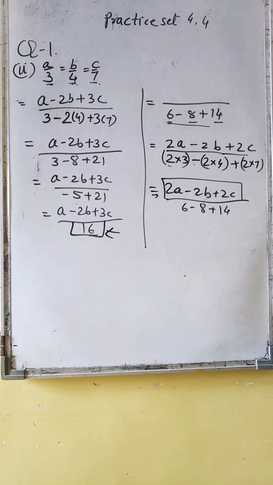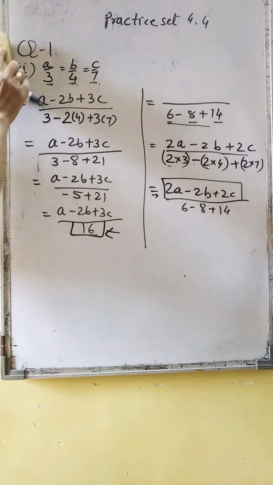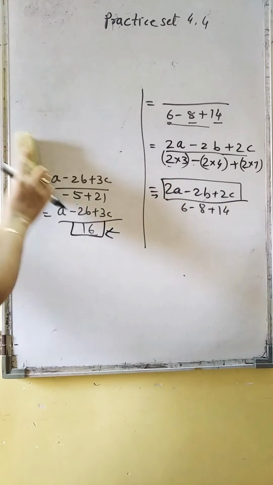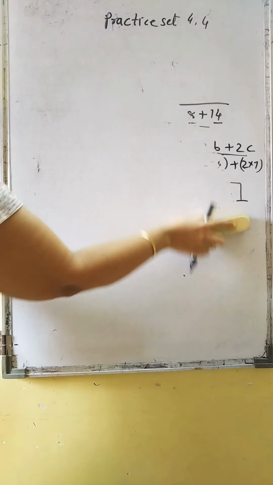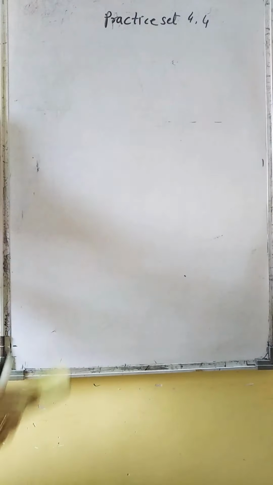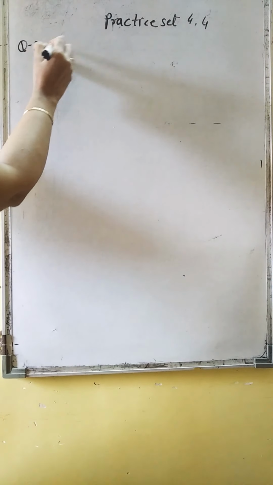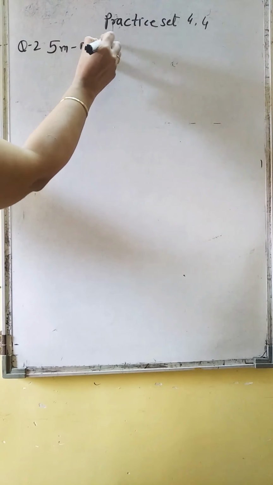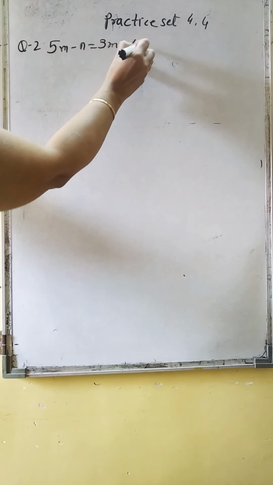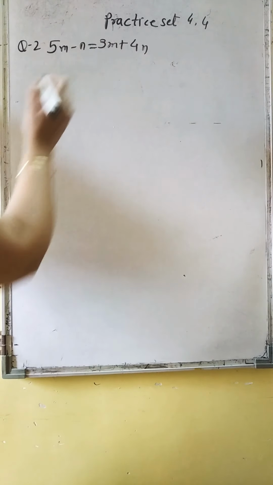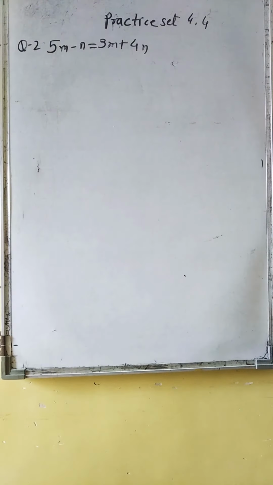Chalo. Now we'll move on to question number 2. Question number 2 says 5m minus n is equal to 3m plus 4n. Now as the name of the chapter is ratio and proportion, we must have some fraction.